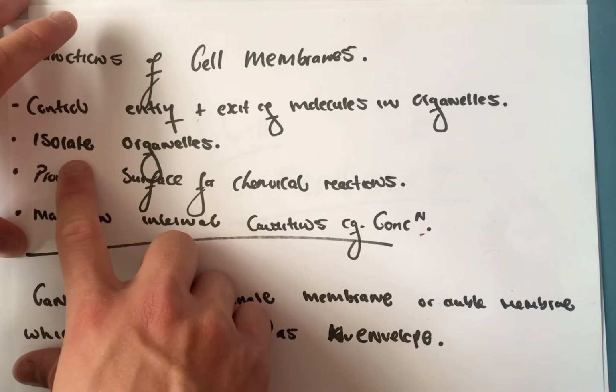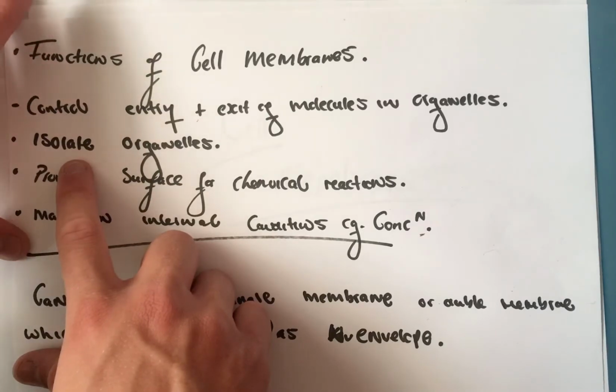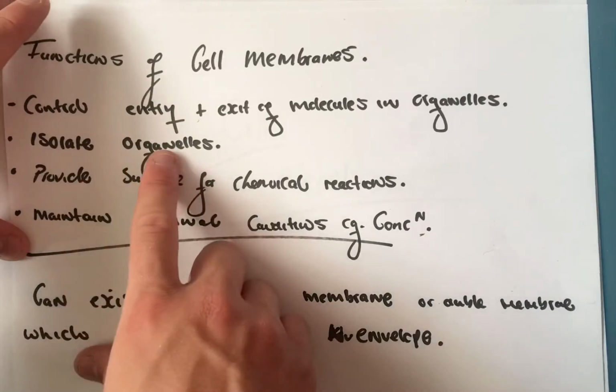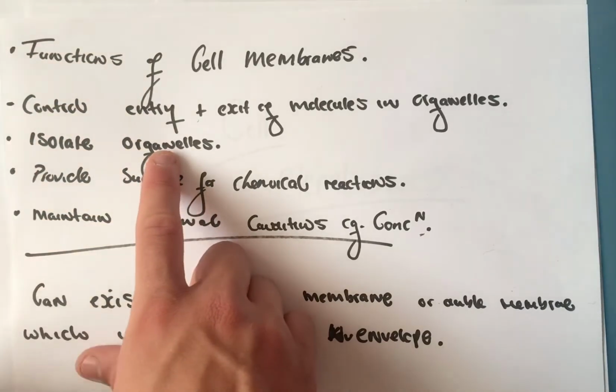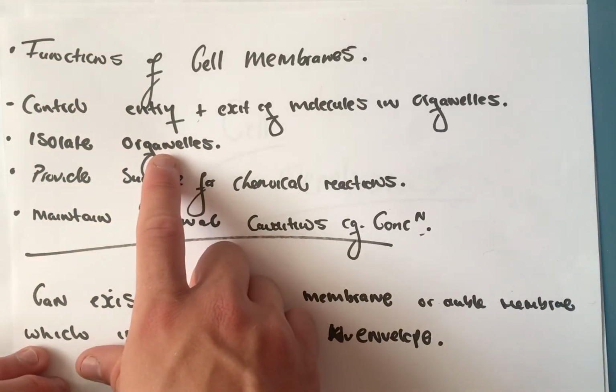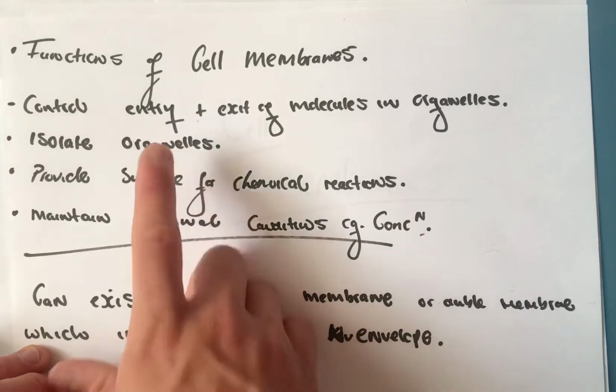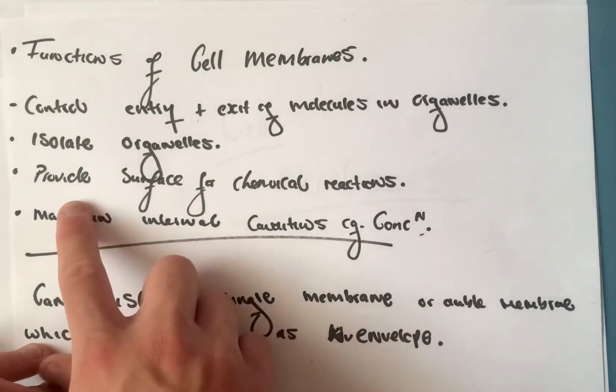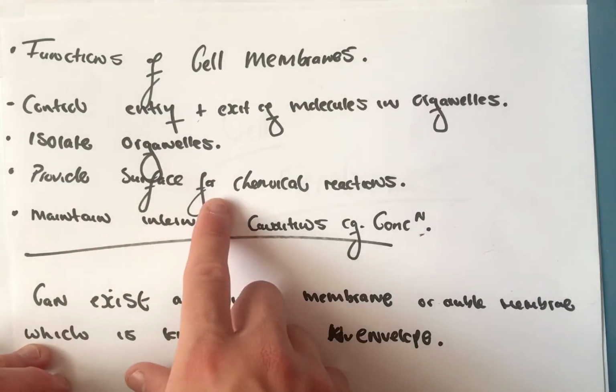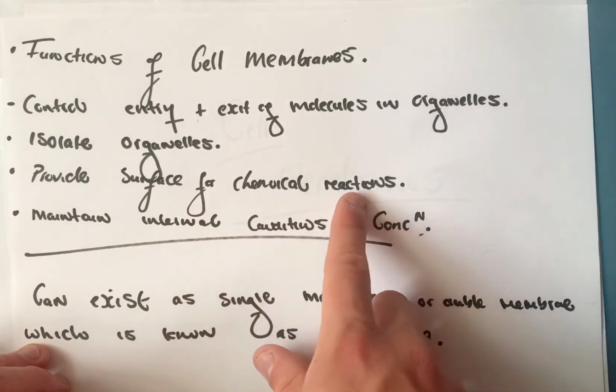In eukaryotic organisms, a cell membrane functions to isolate specific organelles to enable them to carry out specific functions, such as mitochondria, which is used to conduct aerobic respiration to produce ATP, which is energy. Also, they're used to provide a chemical surface for reactions.